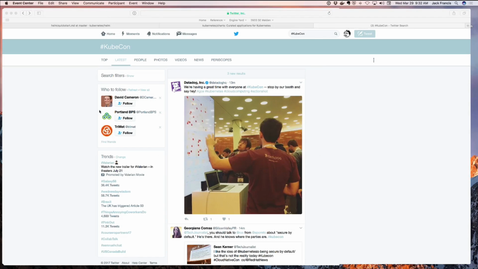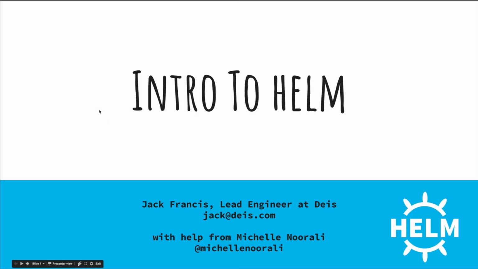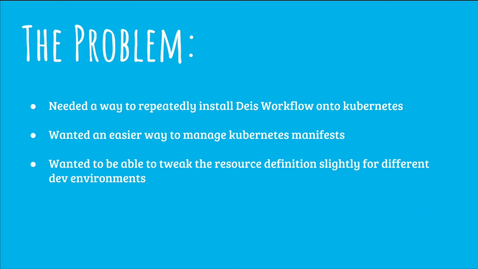So this is going to be a demo of the Helm product, which we came up with about a year ago. Michelle Nerali, who's also another engineer at Deis and a core member of the Helm team, came up with this deck, and I have used it with permission and culled it down to a more appropriate time for this short demo. Let me start by enumerating some of the problems that we were trying to solve by creating something like Helm.